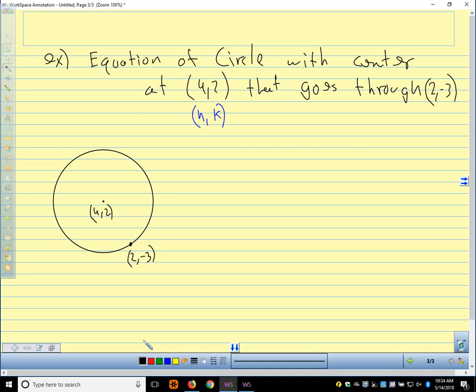Well, how do we find the radius? We have those 2 points. How do we figure out the radius of the circle? Isn't the radius the distance between those points, since that point is on the circle?